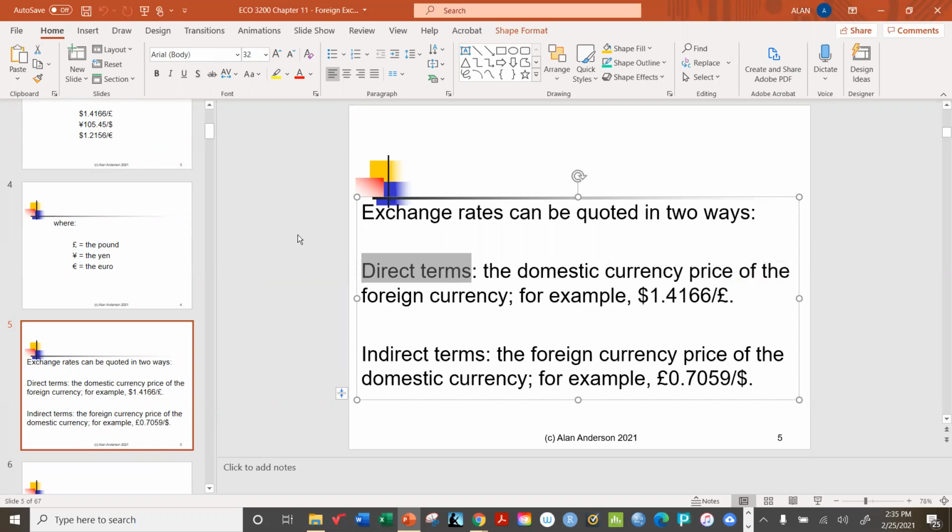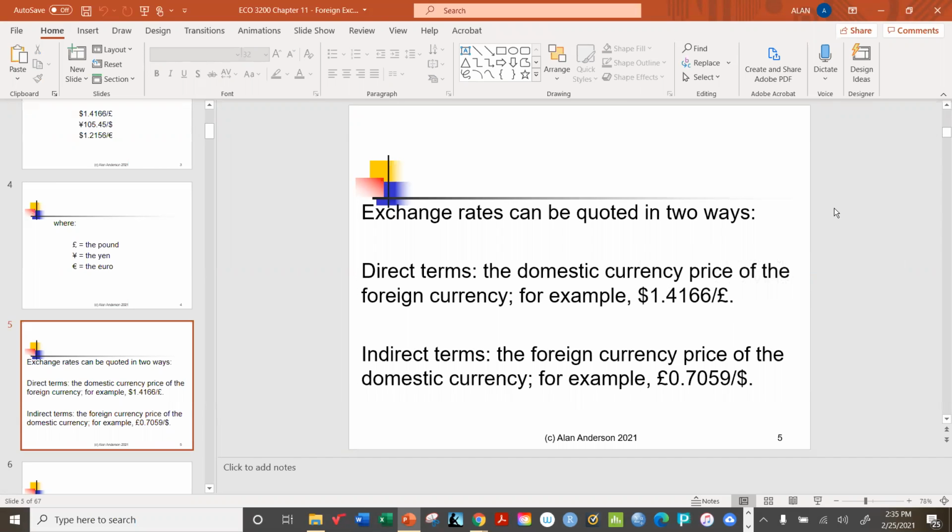So it stands to reason that exchange rates in the US would tend to be quoted as so many dollars per unit of the foreign currency. And so here, if that's the case, you would be seeing this quote in the Wall Street Journal, and that would be considered what we will call direct terms because it's the domestic currency divided by the foreign currency.